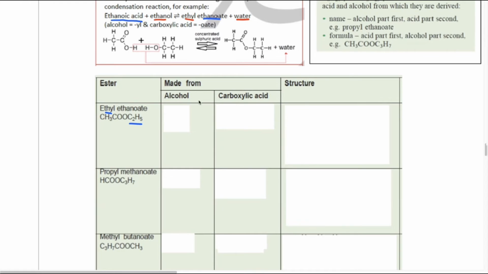All the alcohol I use red. I follow the color up here. So ethyl comes from C2H5, C2H5OH, which is ethanol. Carboxylic acid I do later. Okay, let's see this first. Propyl comes from C3H7, which is C3H7OH, which is propanol.